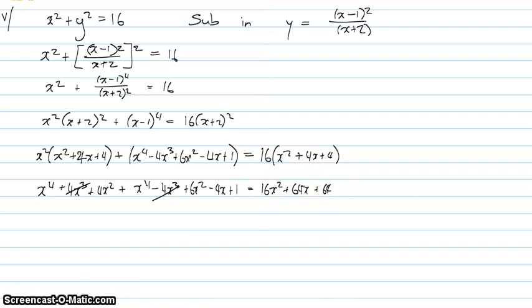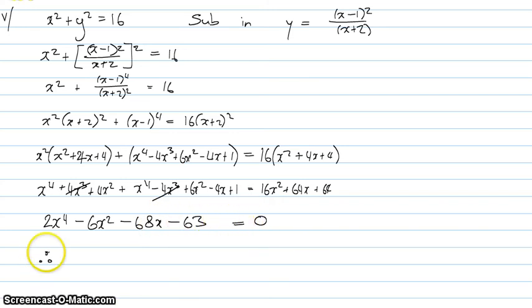Moving that all over to one side, I get 2x to the power of 4, 0x to the power of 3, 4x squared plus 6x squared is 10x squared minus 16x squared gives me minus 6x squared. Then I get minus 4x minus 64x, so minus 68x, 1 minus 64 is minus 63, equals 0.